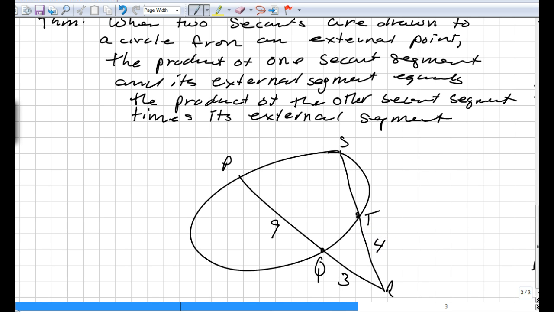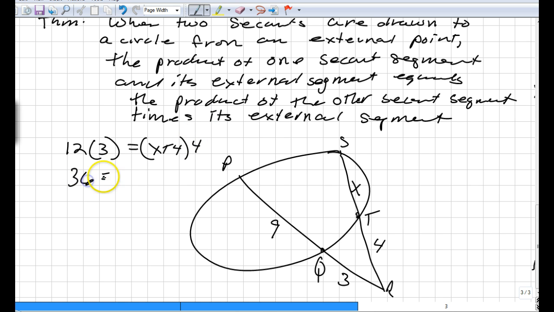And I want to find the length of SR. So I don't know ST, so I'm going to let that be X. So remember, it's the whole secant segment, so PR would be 12 times the external is equal to the whole, so the SR would be X plus 4 times the external.